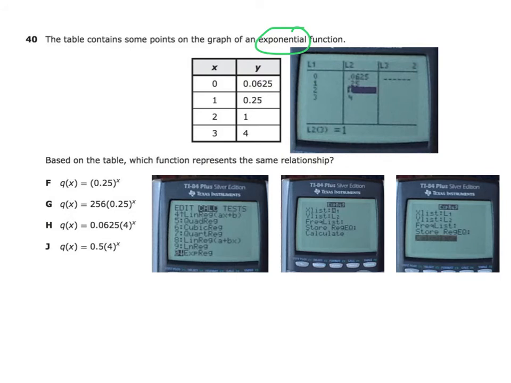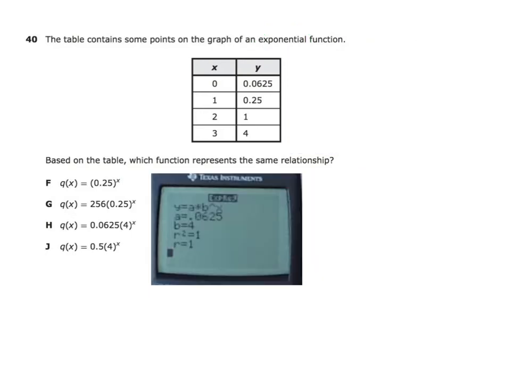So I select 0, I double check that yes, I did pull up exponential, and then press my down arrow key all the way to calculate. And once I get here, I can press the enter key to see the actual equation. Okay, so my equation. Now, notice that this is a different format. It's no longer linear.